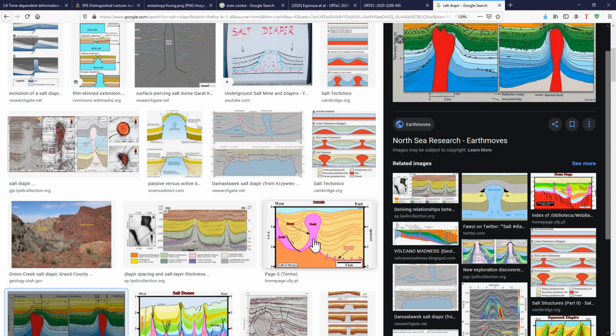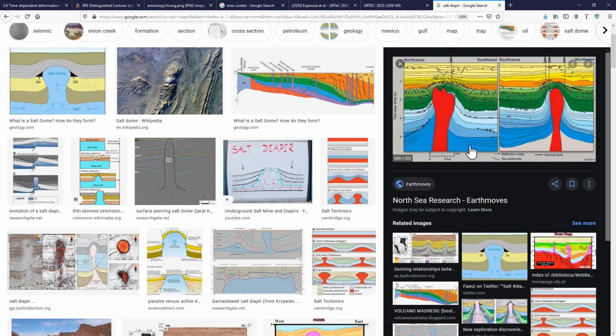It might take several thousands or several tens or hundreds of thousands of years for this salt body to reach the surface, but eventually it does. Why? Because it developed this time-dependent deformation.